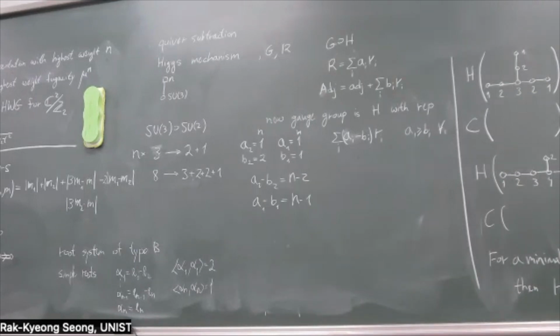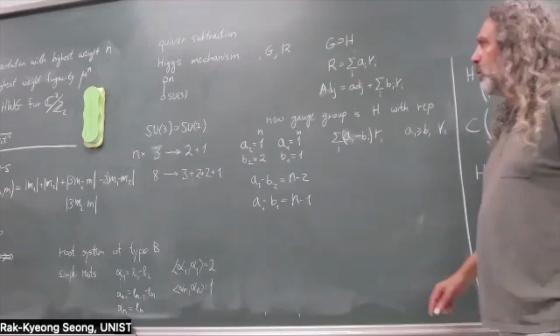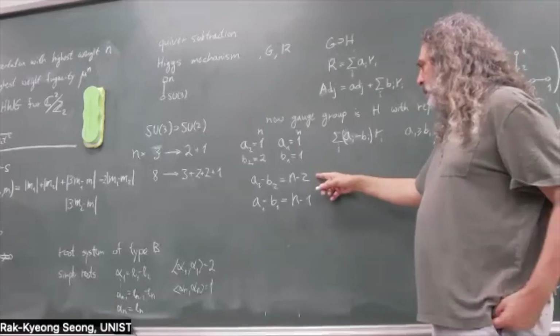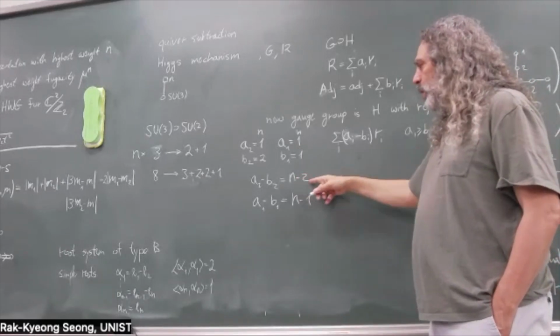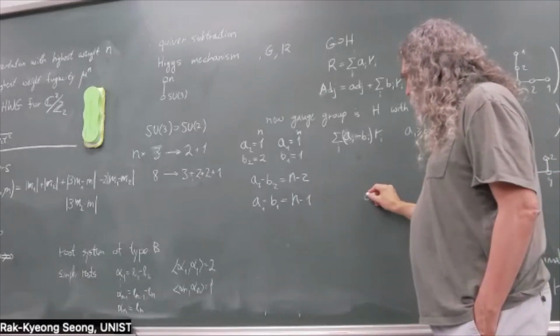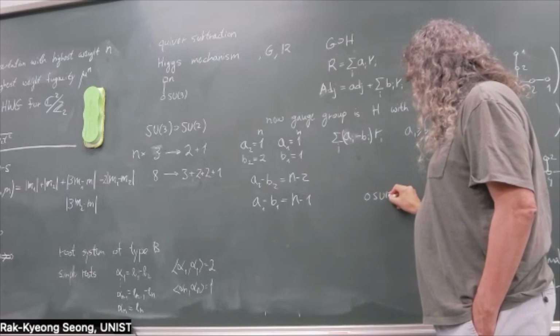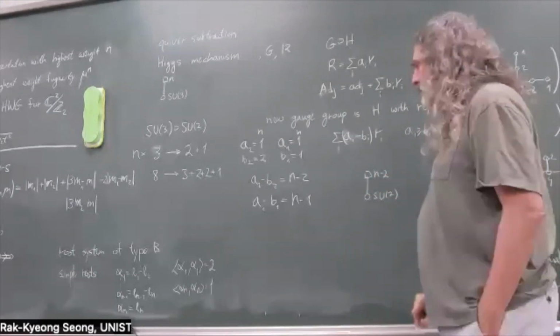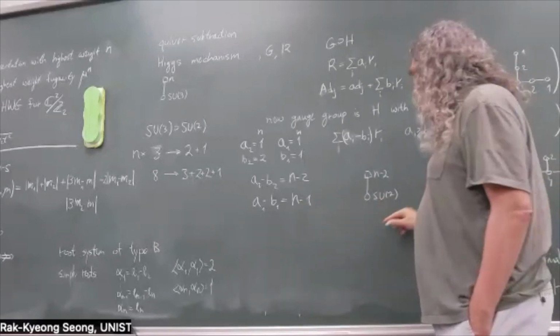Otherwise, I can't do it. Okay, so if we do it for general n, we end up with a theory with n minus 2 fundamentals. The new theory is SU2. It has n minus 2 fundamentals, and it has n minus 1 singlets.